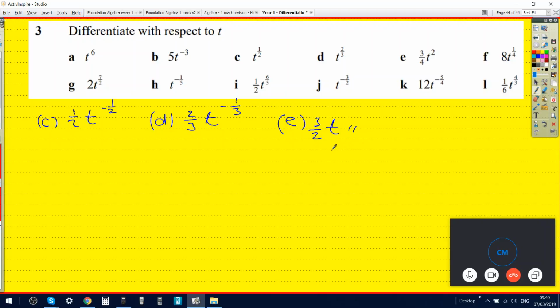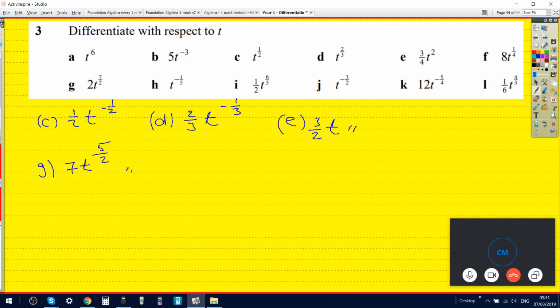How about G? You can always use your calculator. Is that 7/2? Yeah. 70, and then 70, and then to the power of 5/2.